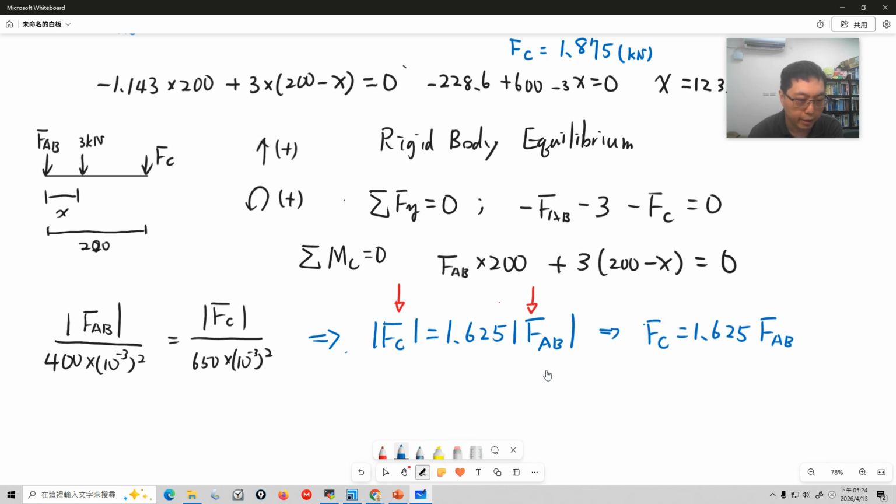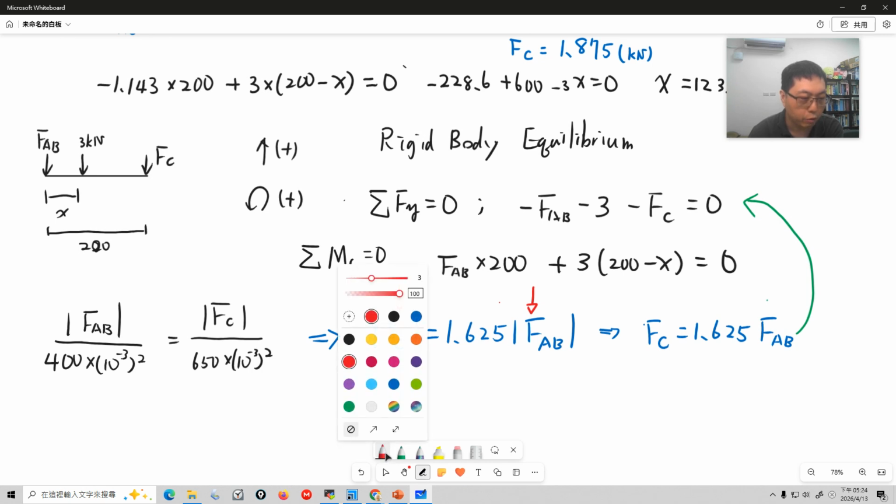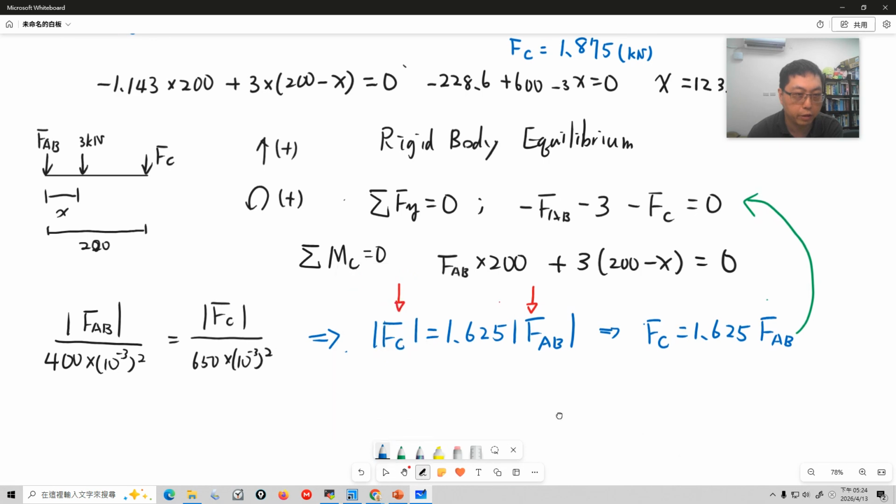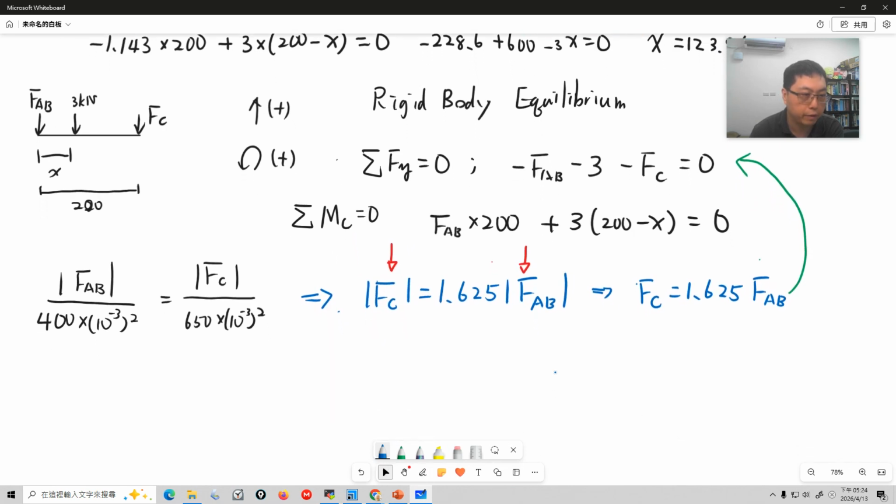Then use the same strategy. Put this equation back into this equation. What will you obtain? You will obtain FAB minus 3 minus 1.625 FAB equal to 0.